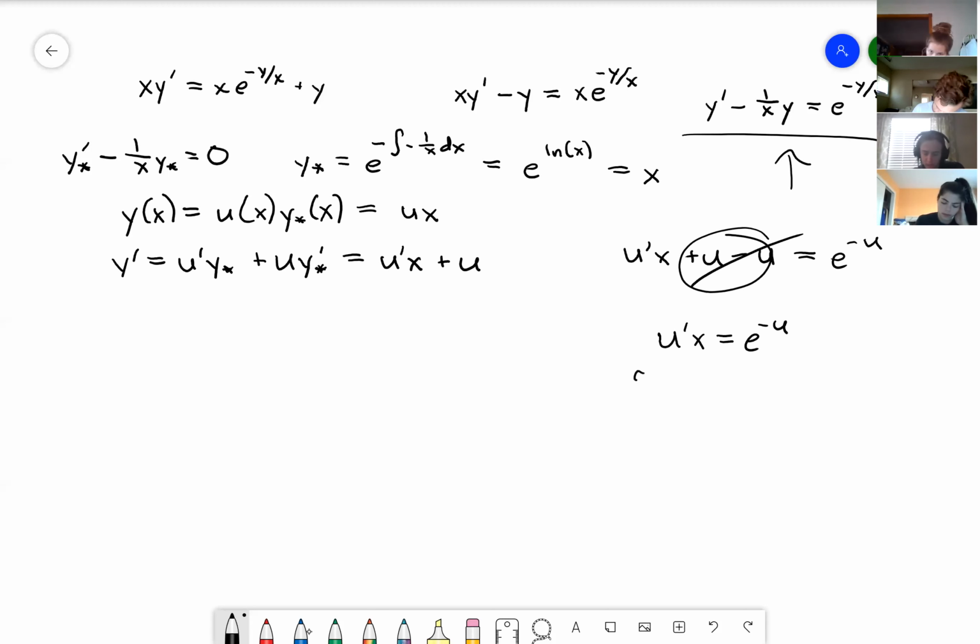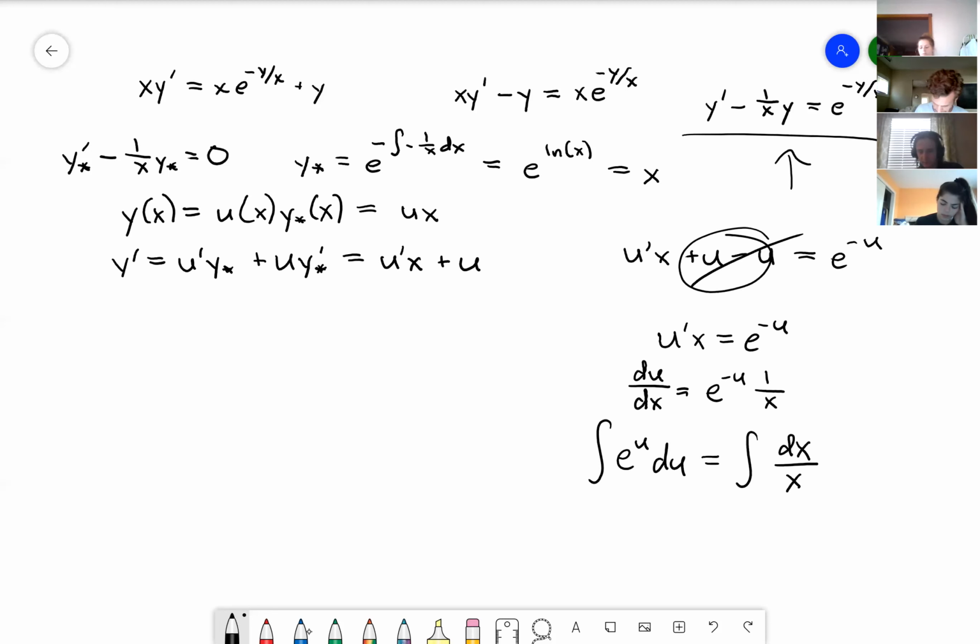So what we have is du dx is equal to e to the minus u times 1 over x. And so we get e to the u, multiplying e to the u to the other side. And then multiplying dx to the other side, we get dx over x. Let's move over here.